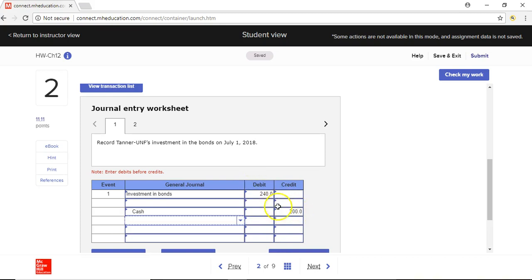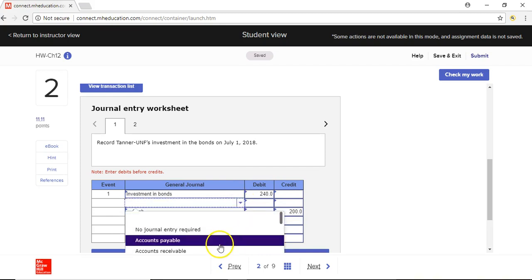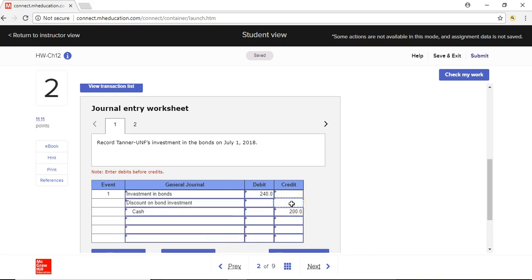The difference is either discount or premium, and we follow the name of the issuer. The issuer issued these bonds at a discount. So we will balance this entry on the credit side with a discount on bond investments. The difference is $40 million.